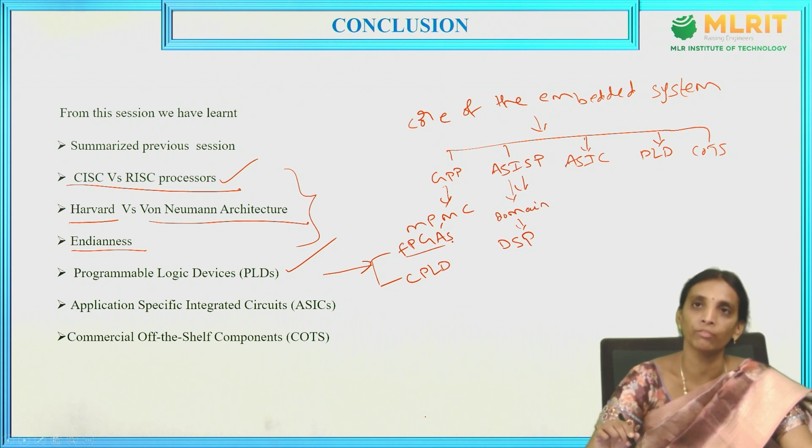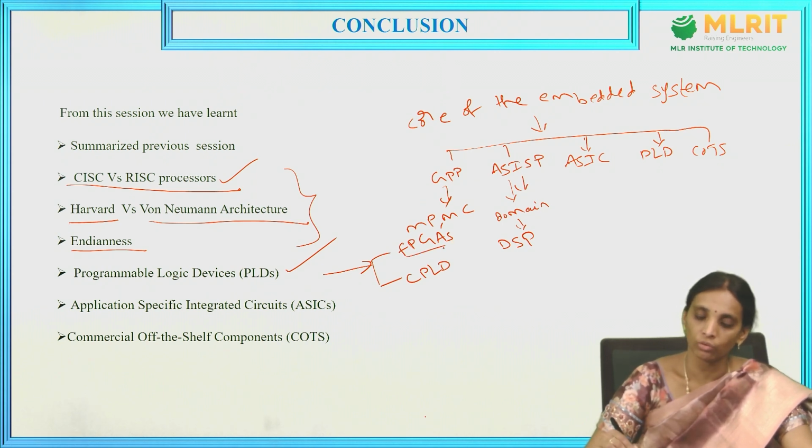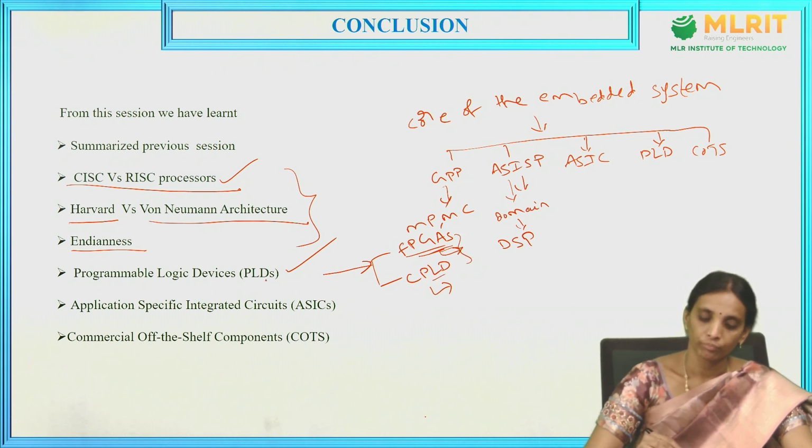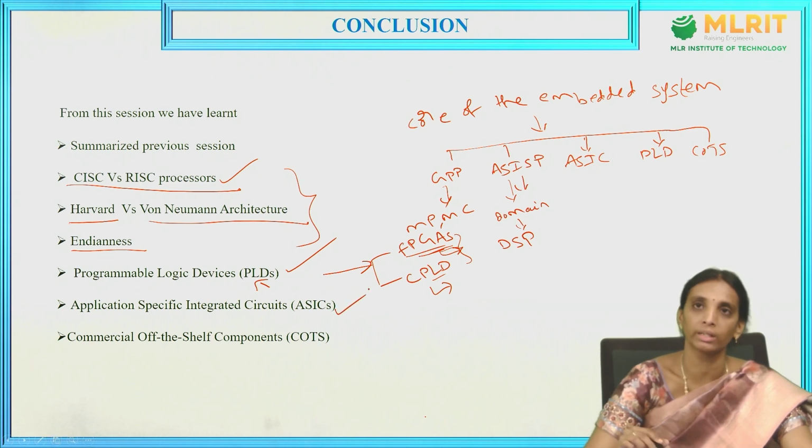FPGAs are field programmable gate arrays. They can be programmed and we can use the logic devices to implement any design using FPGAs. And CPLDs are complex programmable logic devices. These two are the types of PLDs. And next one is application specific integrated circuits.